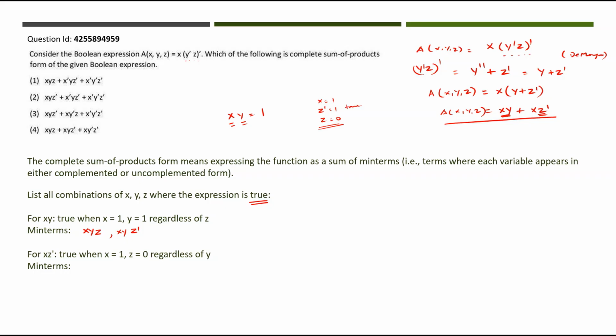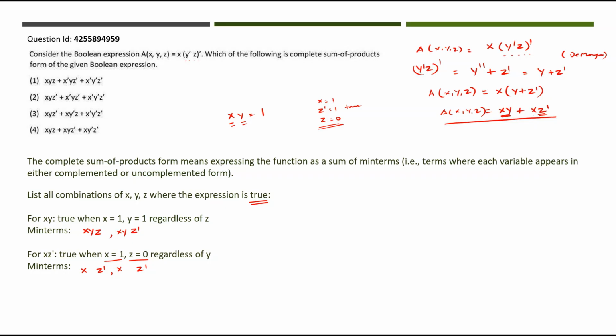So we apply x is equal to 1 and z is equal to 0 regardless of y. So we have to take the min terms now. X is equal to 1. So we are presenting x as it is. When you take z is equal to 0, you have to mention it in complement form. So it is z complement and z complement. So you have the expression x z complement here.